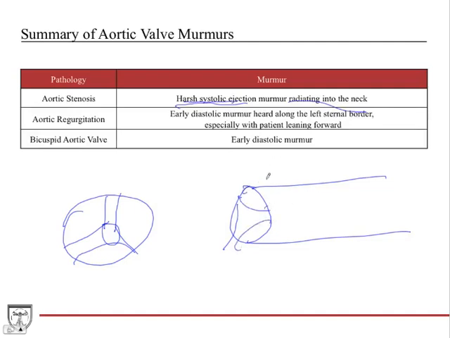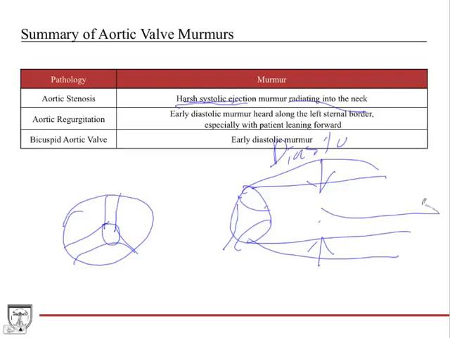And so if you had these stretch out during systole, then during diastole, the diastolic recoil of the aorta is going to shoot blood this way like normal, but then it's also going to shoot blood back through, and this is what you hear. And remember, this recoil is going to happen right away, because once you lose the pressure of systole, there's nothing pushing out on the aorta again. So then the elastic tissue will recoil. Early diastole, that's what you hear, this murmur, at the left sternal border, and especially with the patient leaning forward.